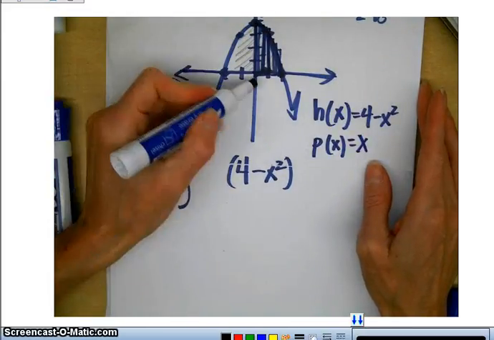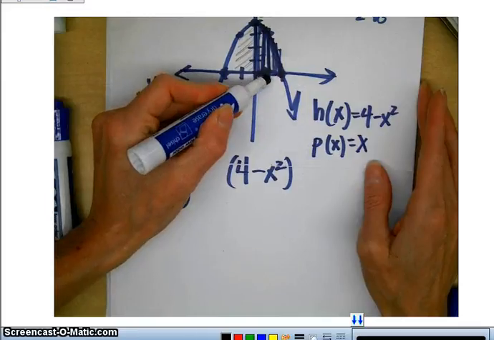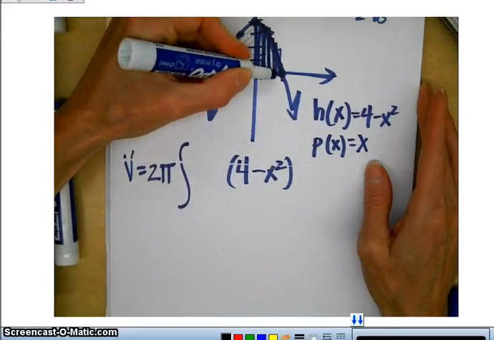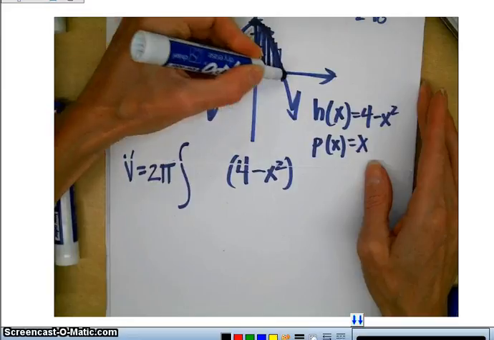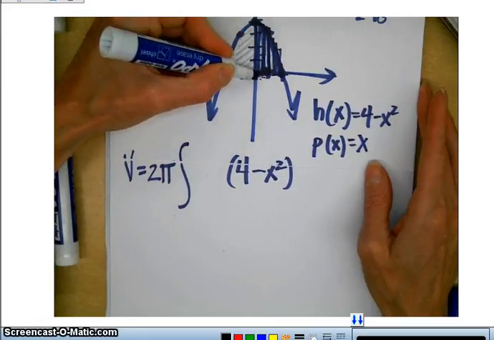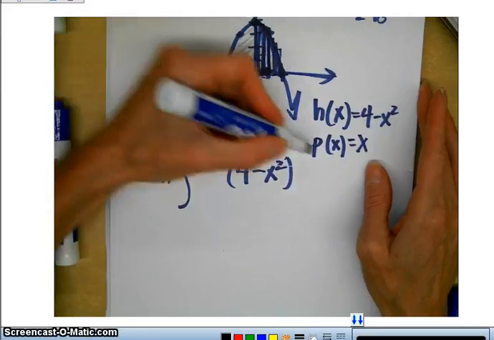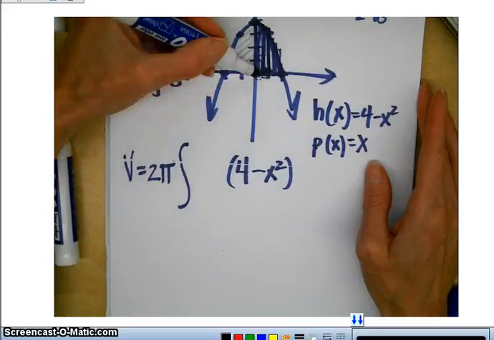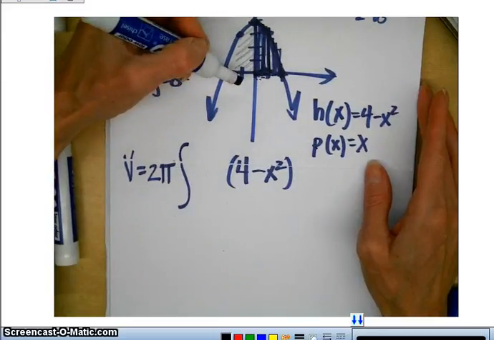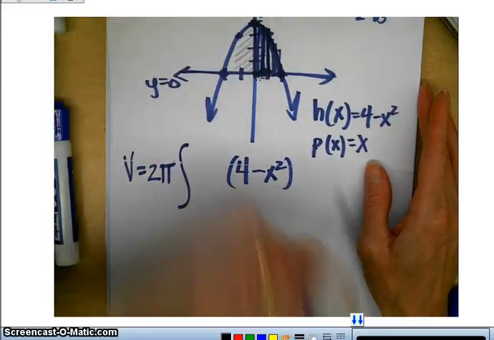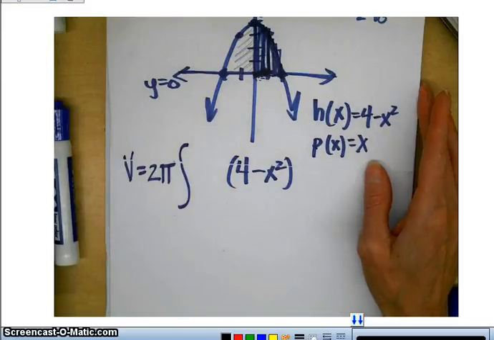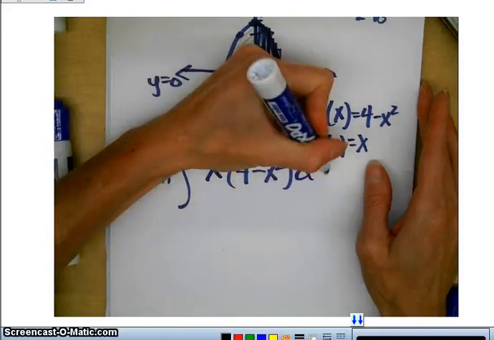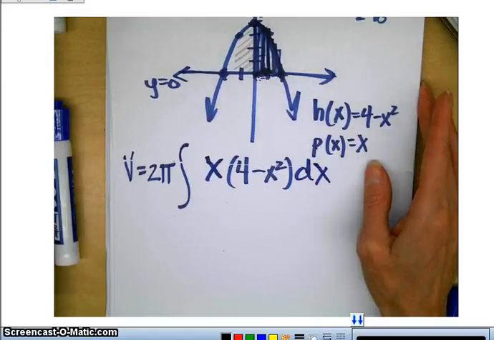All of these shells are located at different x values away from the axis of rotation. So your p of x will in most cases just be x, unless you have two functions, then you have to subtract the functions. So then you just multiply by x, and now we just need to integrate that.